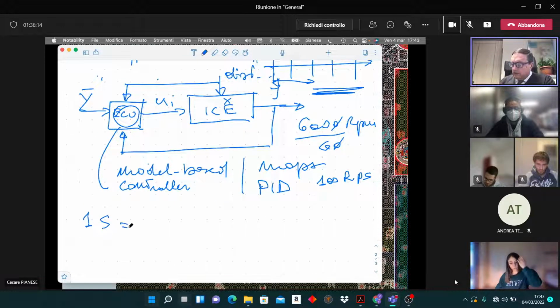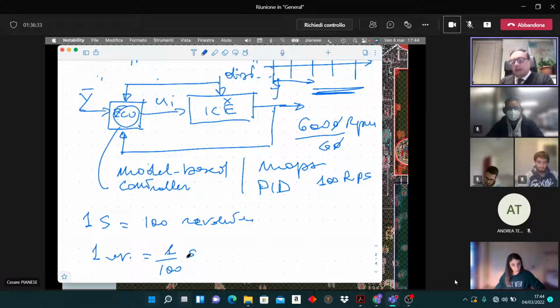In 1 second you have 100 revolutions, which means that 1 revolution occurs in 1/100 of a second.